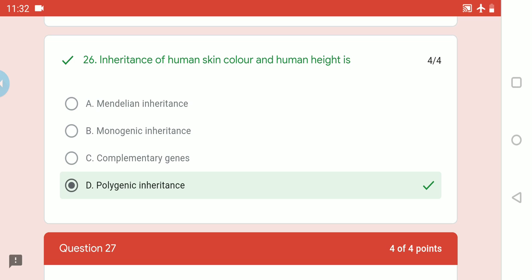We can give examples: skin color, eye color, height and weight in human beings. These are all examples of polygenic inheritance. The terminology itself indicates it is controlled by two or more genes. Okay.